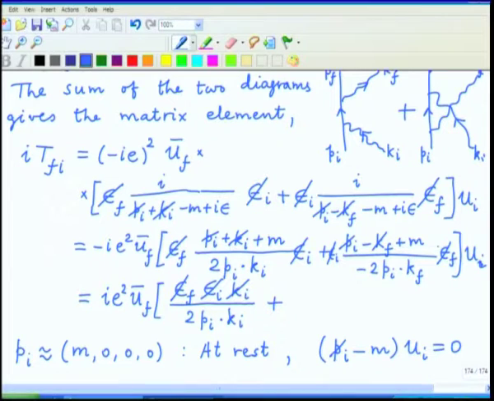Similar analysis can be done for the other side. Again, p slash can be commuted with epsilon_f slash for the same reason. Epsilon_f is also transverse. So, its dot product with p is 0. Again, we will have minus p_i slash plus m acting on this wave function u_i, which gives 0 from the Dirac equation.